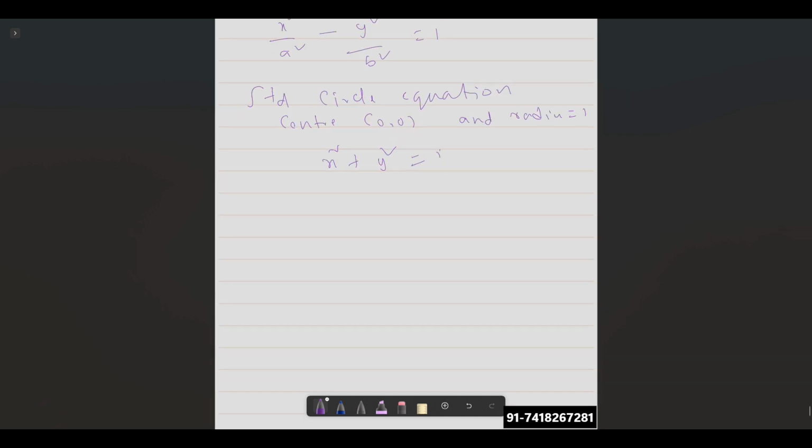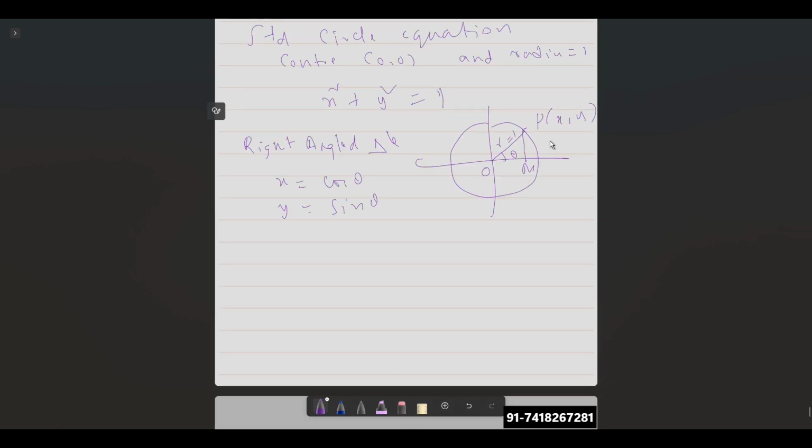How has it been arrived? So there is a circle and we have point P, x comma y, and connected. This is r equal to 1 and dropped one perpendicular, OPM. Now this is your angle, and this is a right angled triangle, which is nothing but x equal to cos theta and y is equal to sin theta, right?